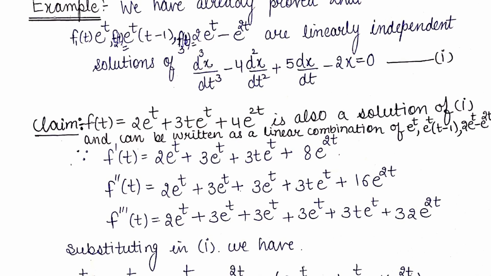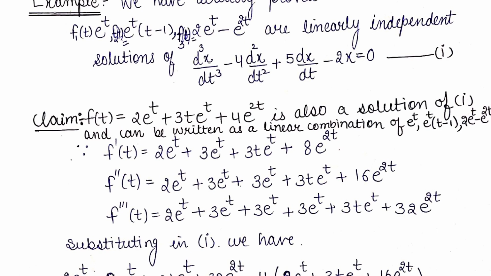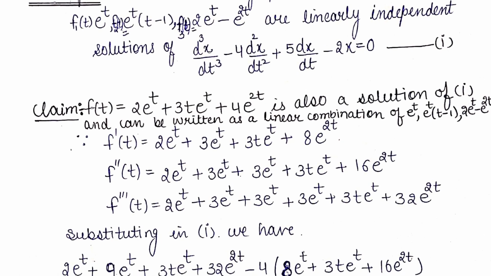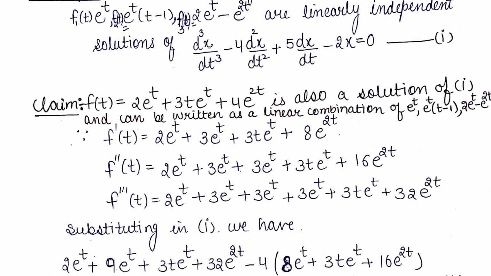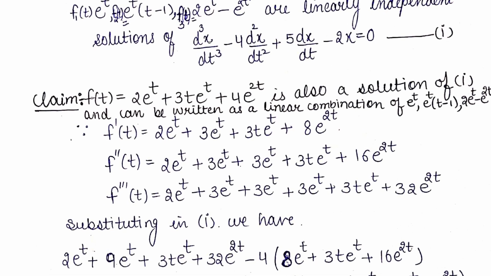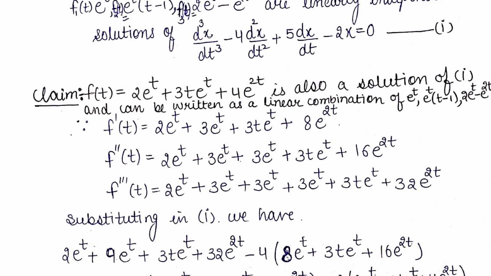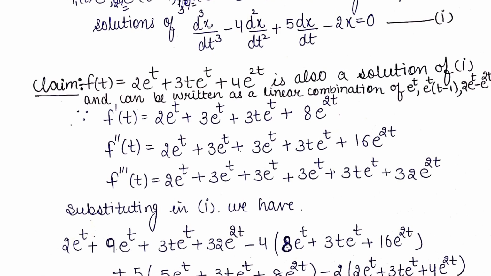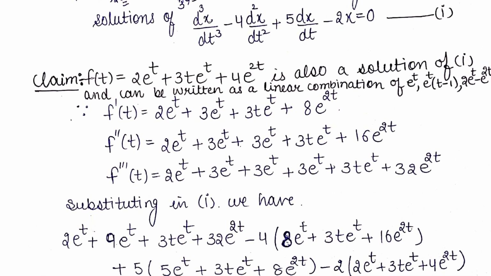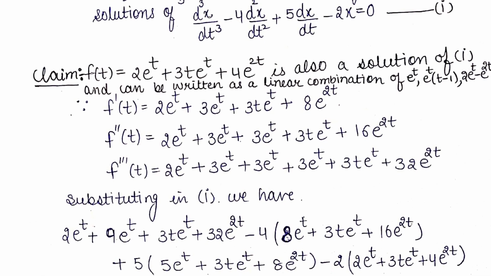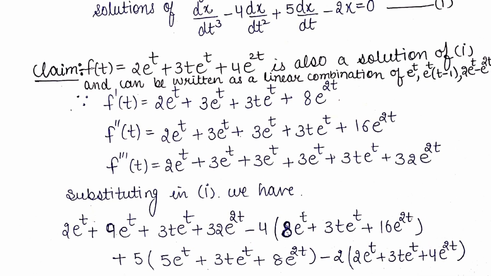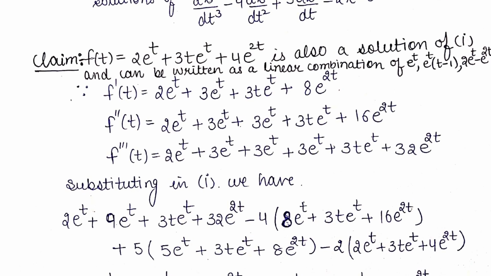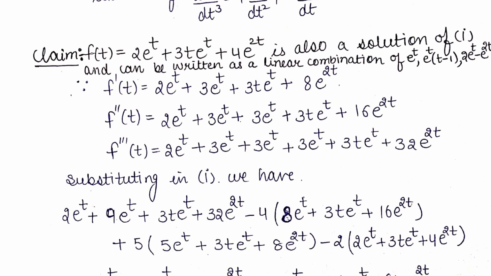It will become a solution of 1 if this f(t) satisfies equation 1: d cube x by dt cube minus 4 d square x by dt square plus 5 dx by dt minus 2x is equal to 0. So you can check that this function f(t) satisfies the equation 1. And after that we will prove that this function f(t) can be written as a linear combination of the fundamental set of functions.